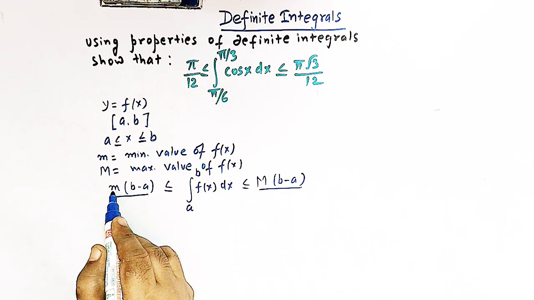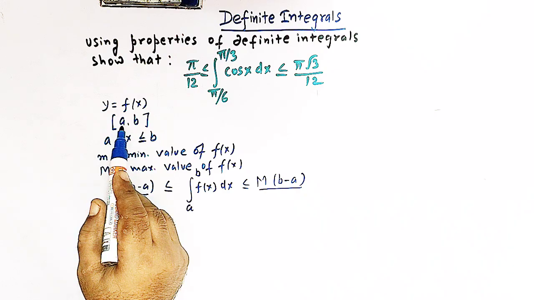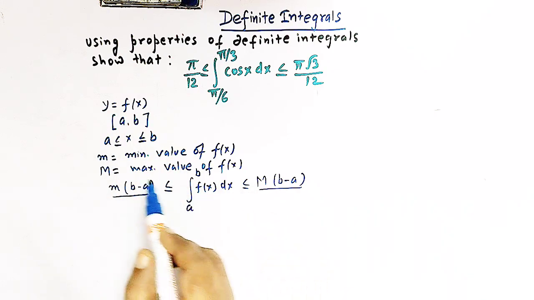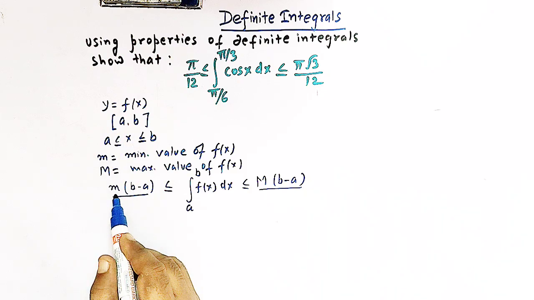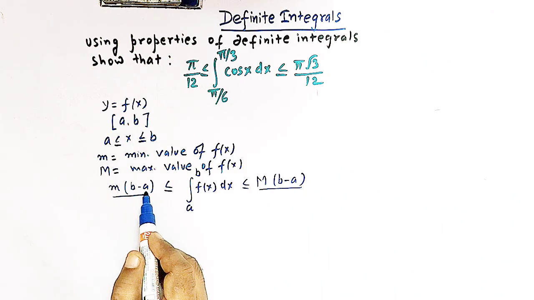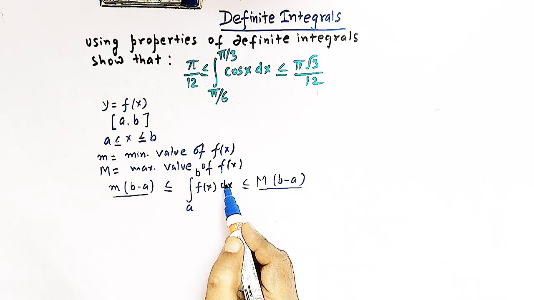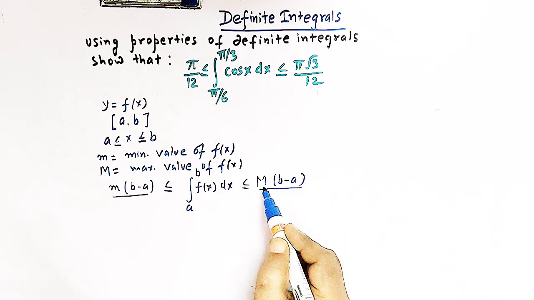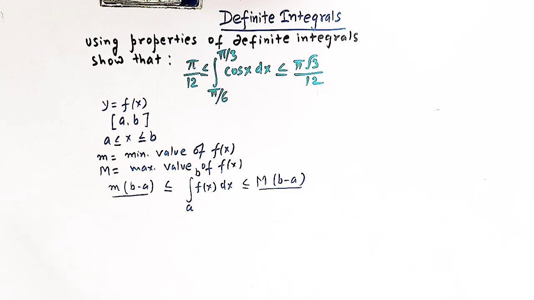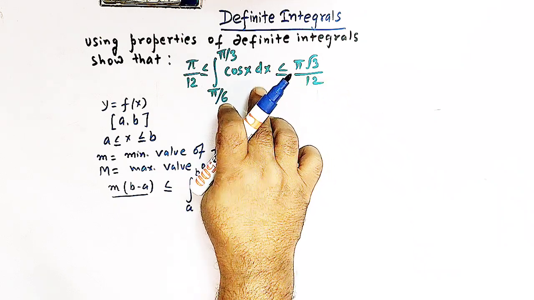Here small m denotes the minimum value of f of x in this interval, and capital M denotes the maximum value of f of x in this interval. So now let us utilize this property to arrive at this inequality.